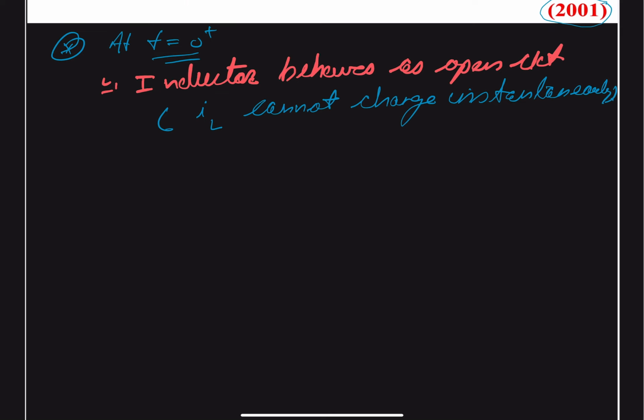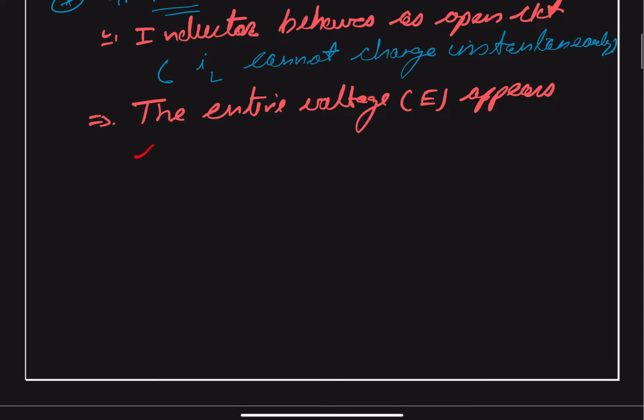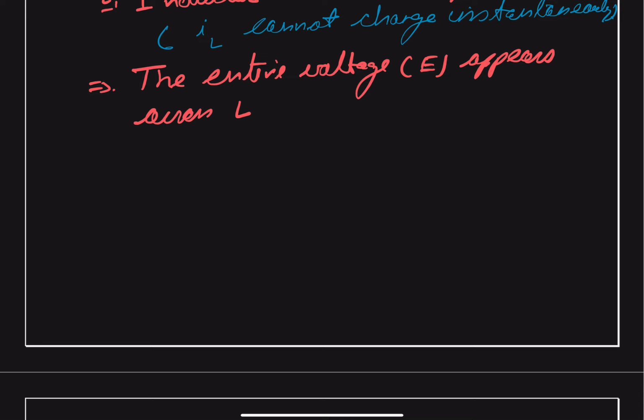Therefore, the inductor will act as an open circuit. So from here we can say that the entire voltage, which in this case is represented as E, appears across L, the inductor. Therefore, the voltage across the inductor at 0 positive will be equal to 12 volts.